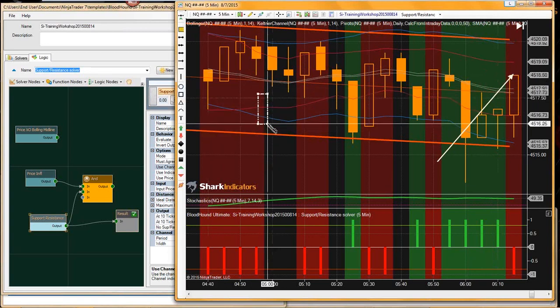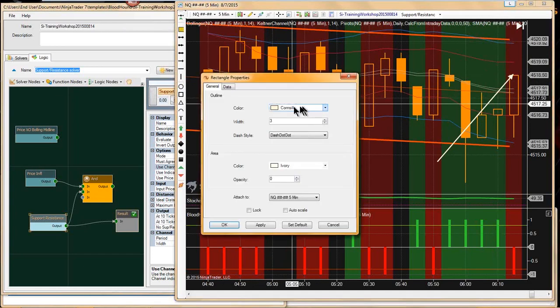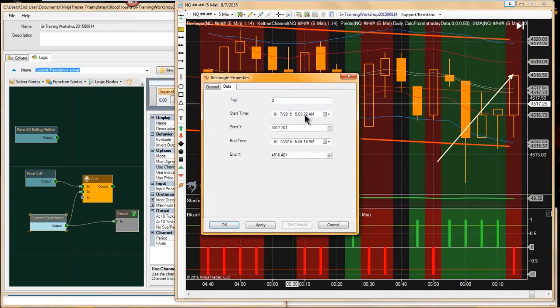Let's see, I'm going to build a little drawing aid here. NQ moves in quarter tick increments, so set that to 0.